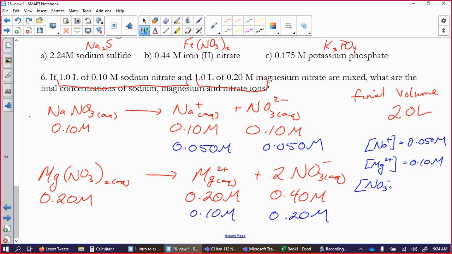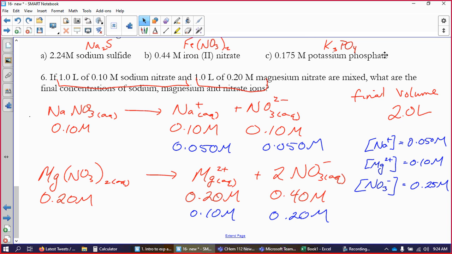So this is adding two different things, and I'm being lazy and forgot my aqueous signs, is the sum of those two, 0.25. That normally would be a thinking type question.